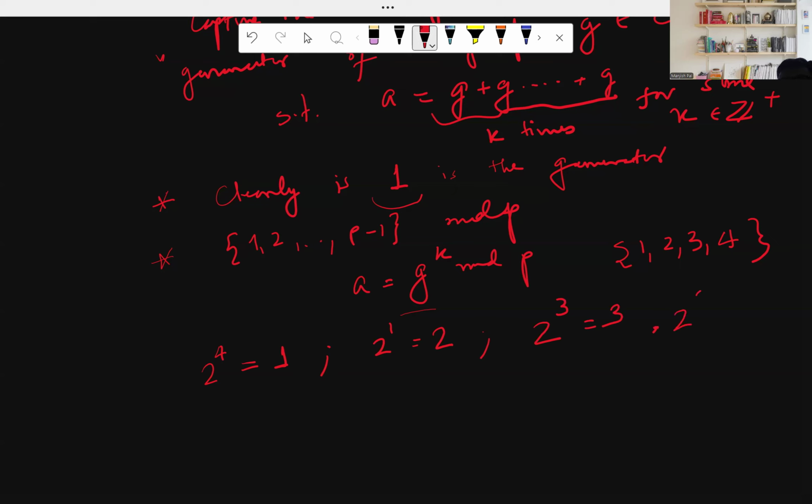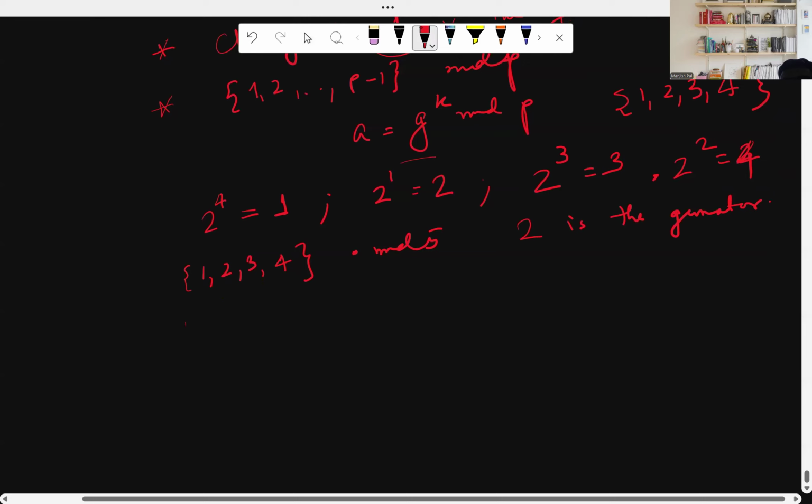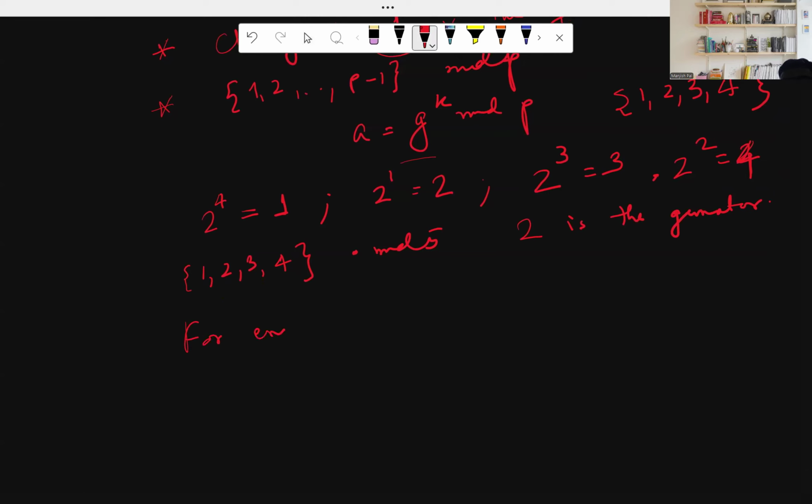In general, we have to check whether for every group, is it true that there is always a generator?